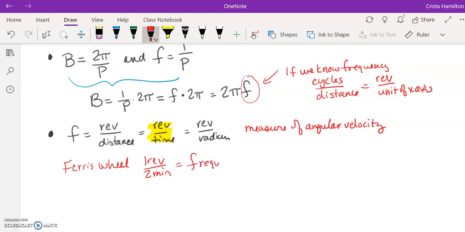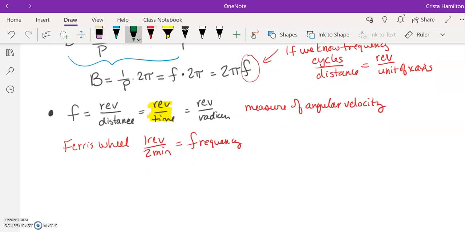So this would be its frequency, and that frequency is telling us information about the angular velocity of the graph. Now I'm going to change this from an angular velocity in revolutions per minute. Let's convert to radians per minute and see what happens here.